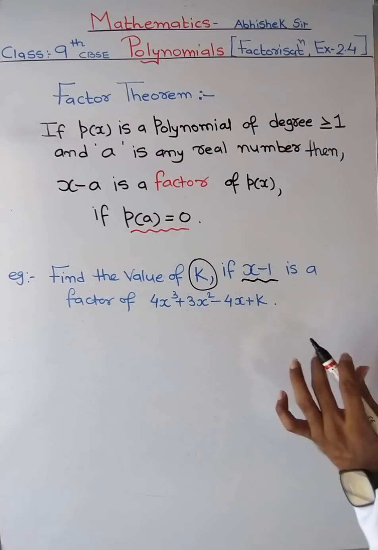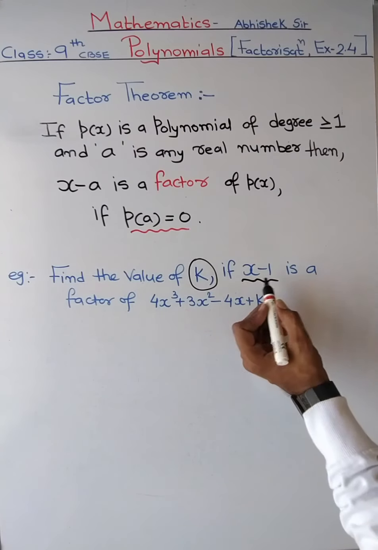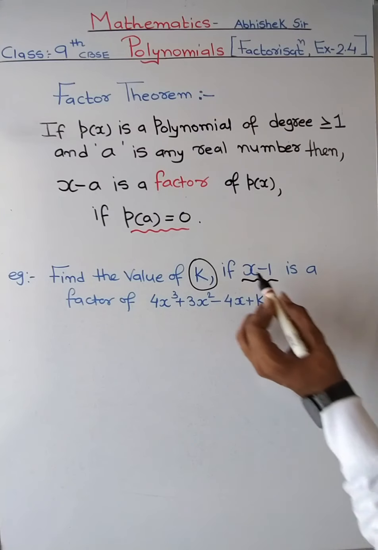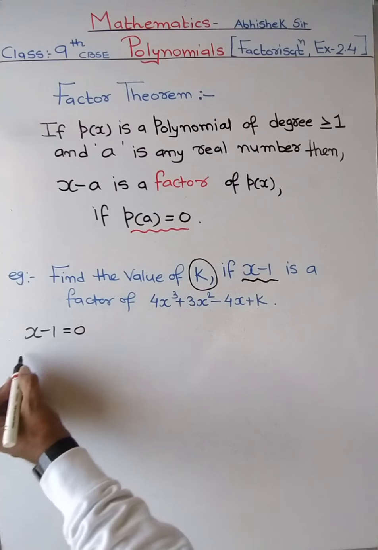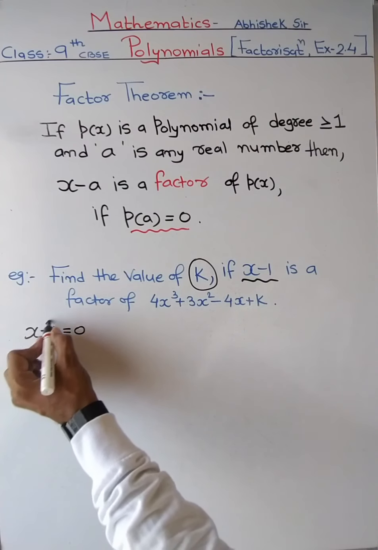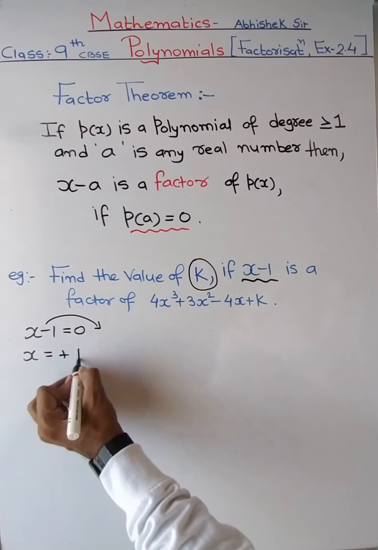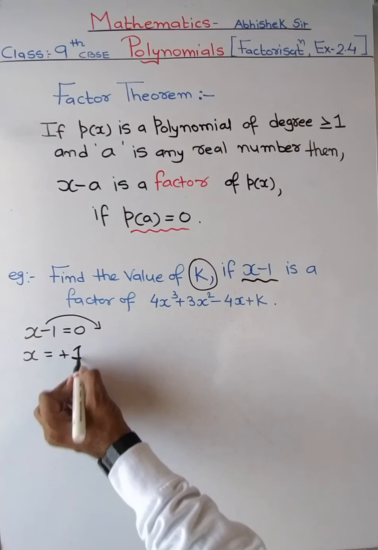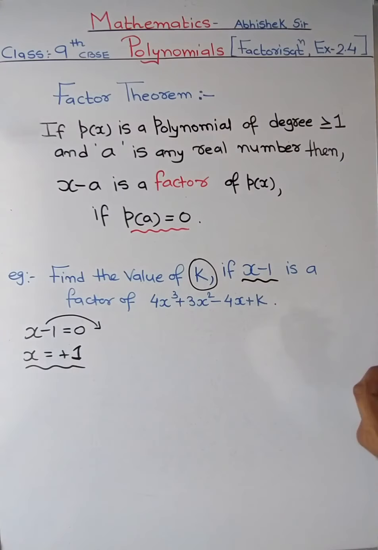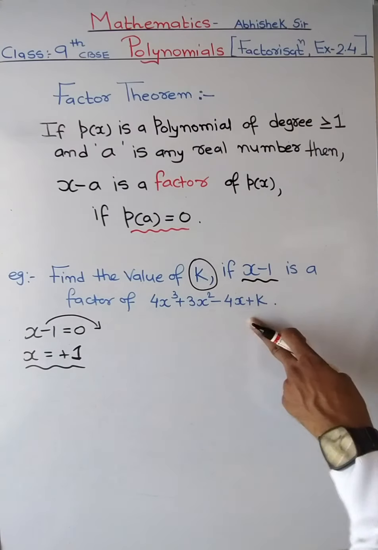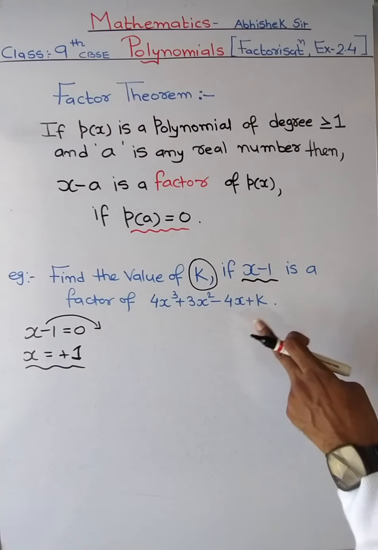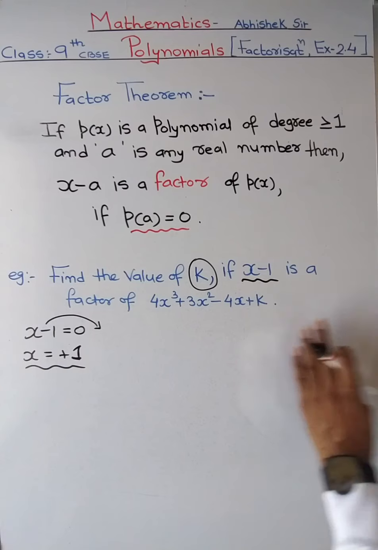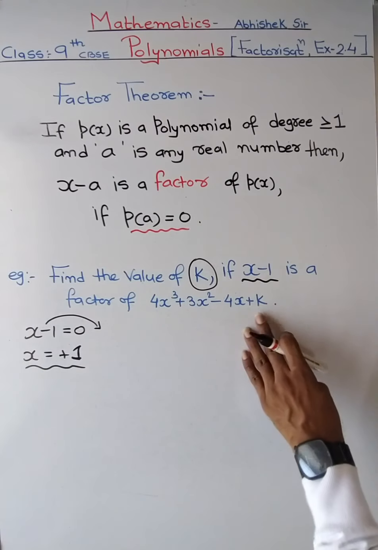That certainly means, what will be the 0 of polynomial? It will be plus 1. That means if we put plus 1 instead of x in this polynomial, the value of whole polynomial will become 0. And if that is 0, so by simplification we can find the value of k.